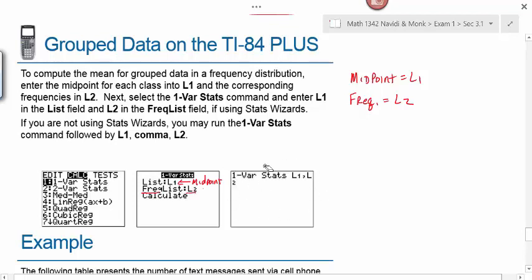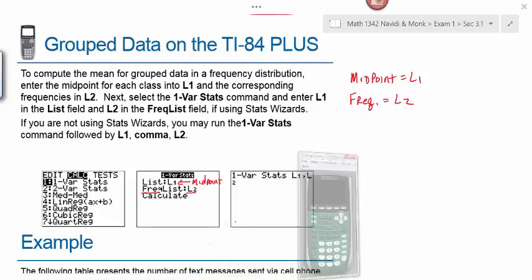If you see just one variable stats on the home screen, you're going to put L1, comma L2. So for your calculator that does that, this is what you need to do for the frequency distributions. If you are looking at grouped data, you hit second 1, and then there's a comma button on your calculator.